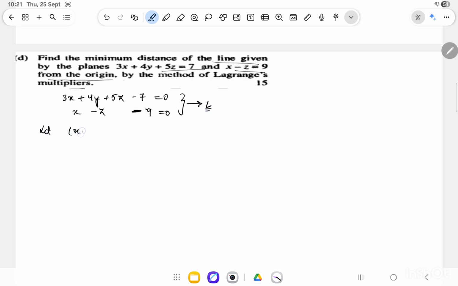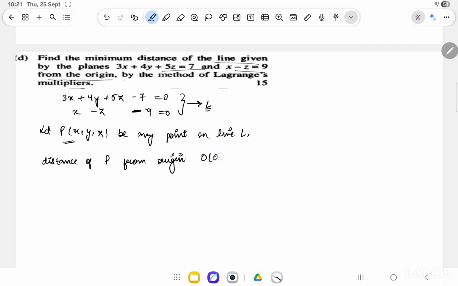So let us assume that x comma y comma z be any point on the line L. Let's name this point as P. So the distance of P from origin O, that is 0, 0, 0, will be the square root of x square plus y square plus z square, and we are supposed to minimize this distance.